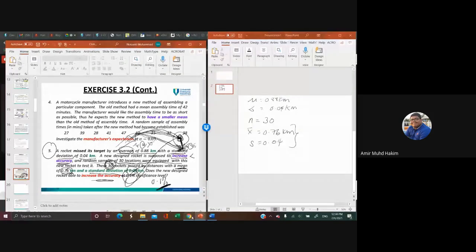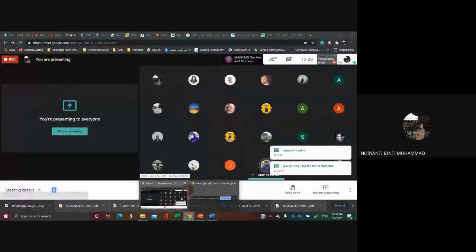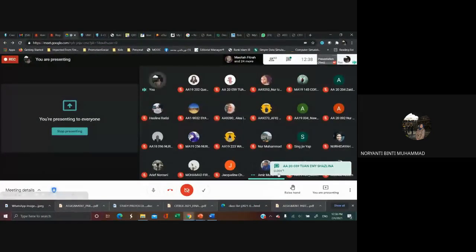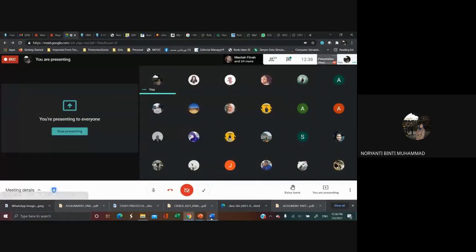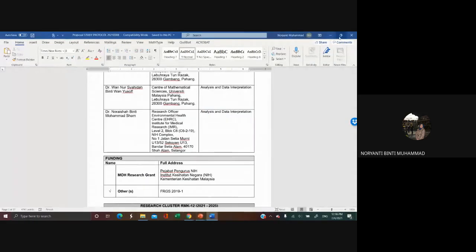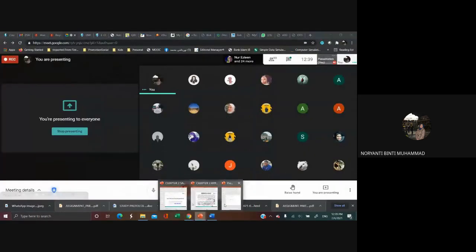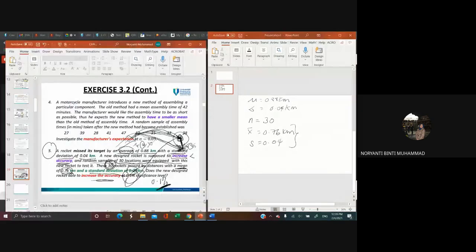Anyone answer in the chat? 0.001. Yes, this is the value, okay? So this one will give you 1, 2, so 0.001, to the left. Because you have a percentage, and the percentage has 2 zeros. So 2 places to the left, you get 0.01. So here, your alpha is 0.01.